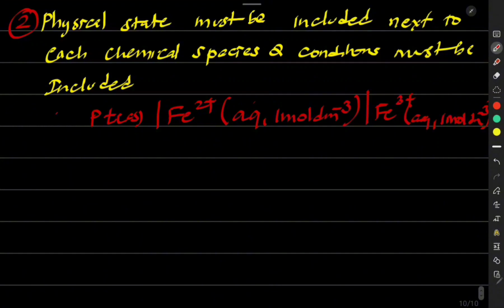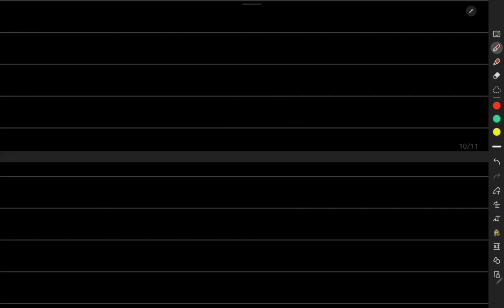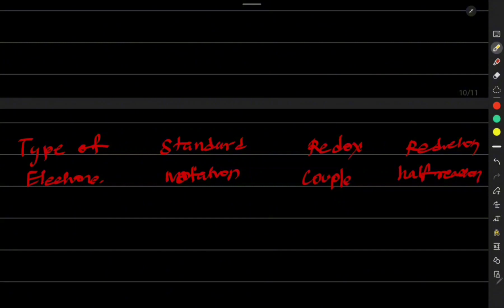Okay, now let's summarize the different types of electrodes with their standard notation, redox couple, and reduction half reaction. First electrode is the metal and metal ion electrode.